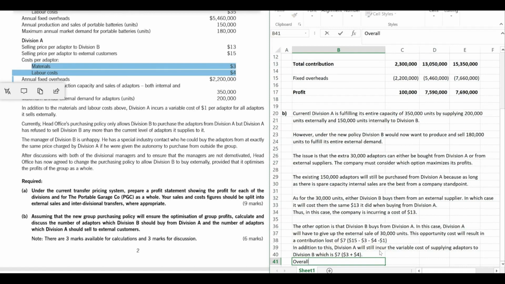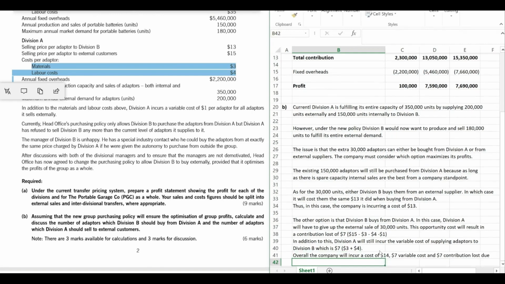Overall, the company will incur a cost of $14: $7 variable cost and $7 contribution loss.